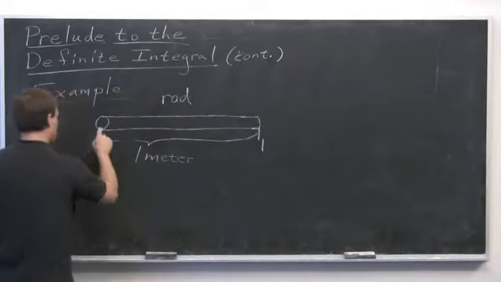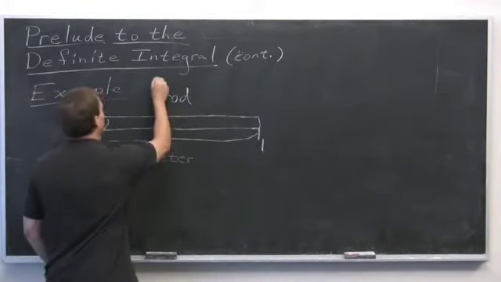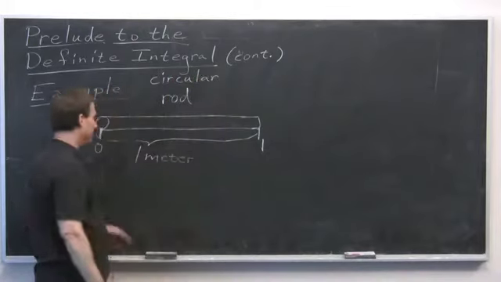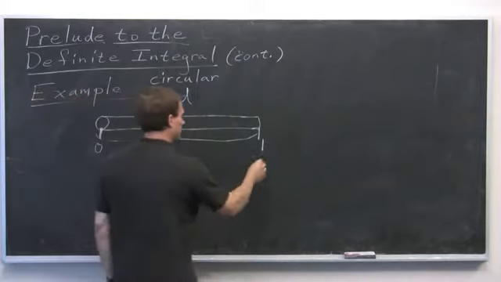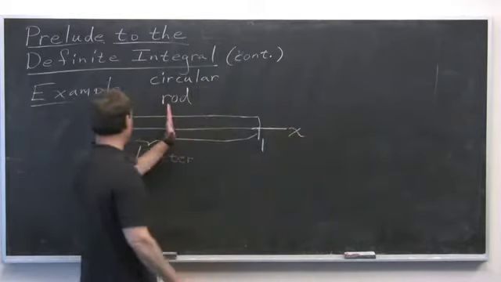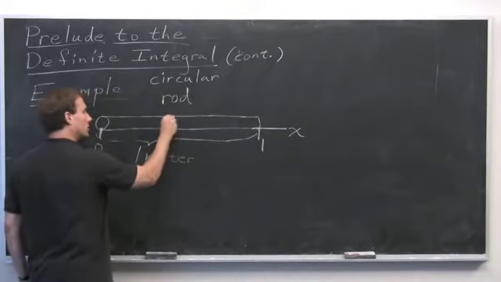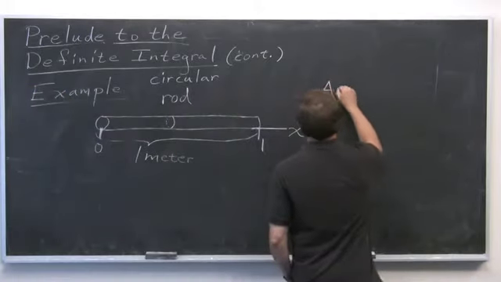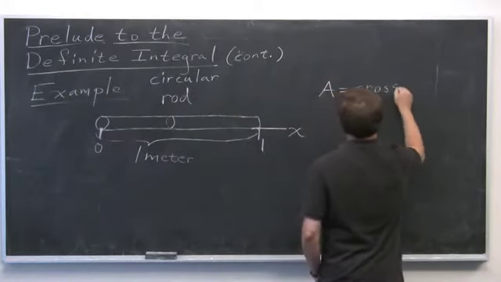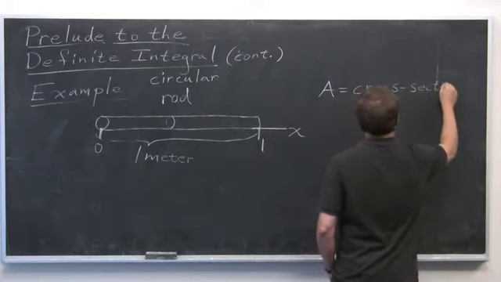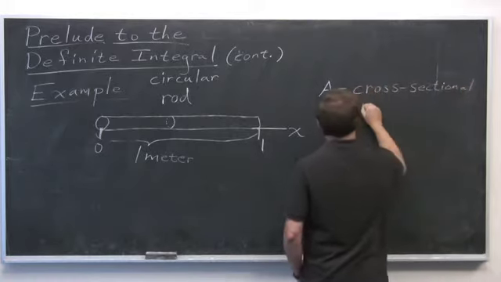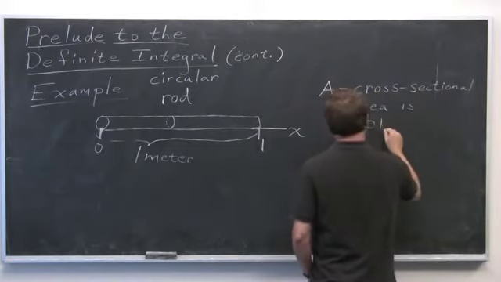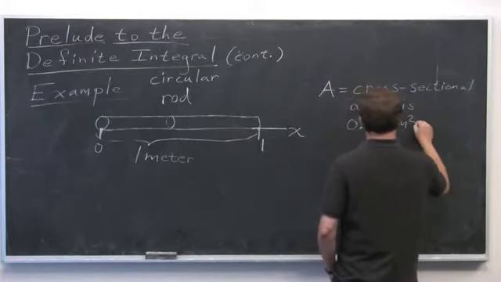I want to pick a cross-sectional area. I'm assuming it's a circular rod, so the cross-sections are circles. So the cross-section at any fixed x-coordinate is a circle, and I'm going to assume that the cross-sectional area, A, is 0.01 square meters.